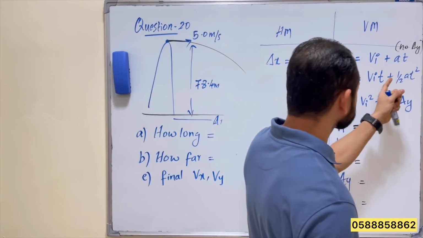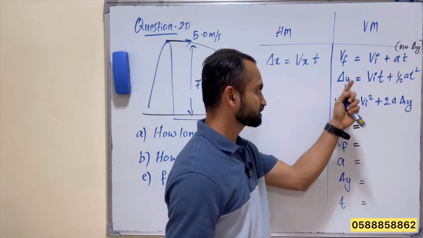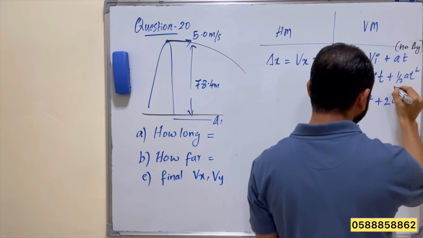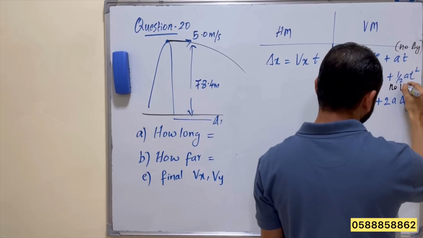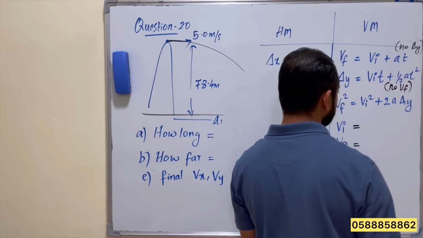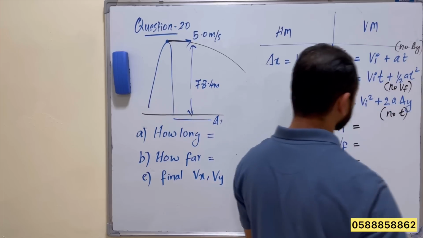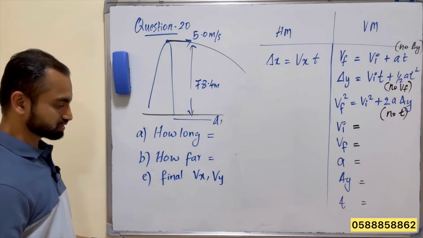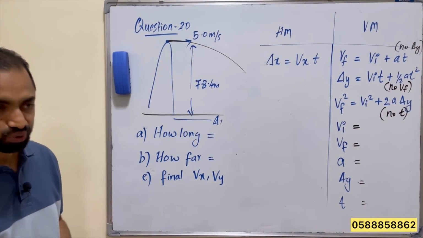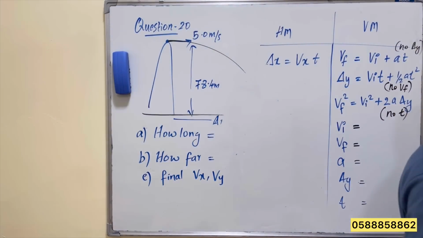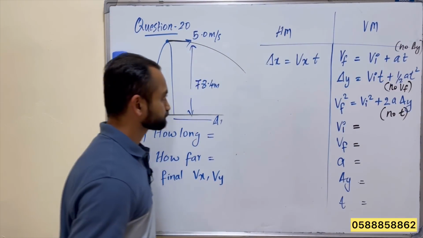What is missing in the second equation? Vf is missing. So you will use the second equation if no final velocity is given in the question, and you will use the third equation when there is no time given in the question. Okay, so these are the basic things to know before you solve problems in projectile motion.